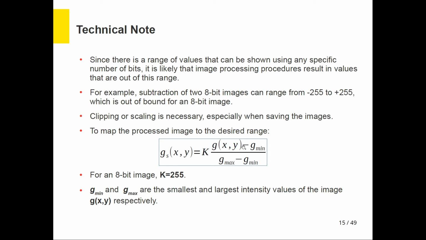This whole process brings the range to between 0 and 1. Now if we want to change the range to 0 to 255, we can multiply it by K, which here is 255. Doing this procedure, we have an image that is now between 0 and 255, and we can easily store this image as an 8-bit image.